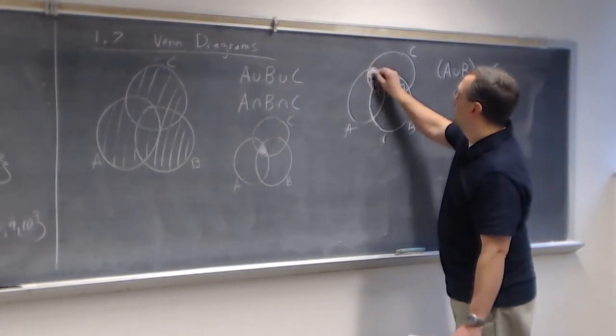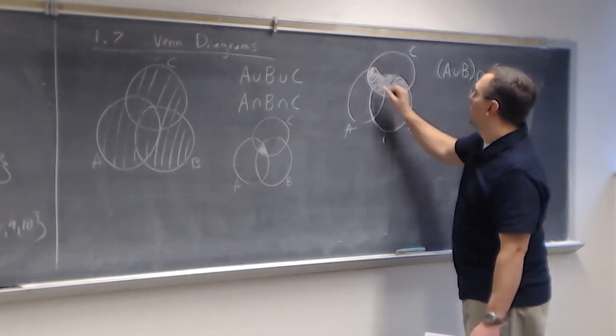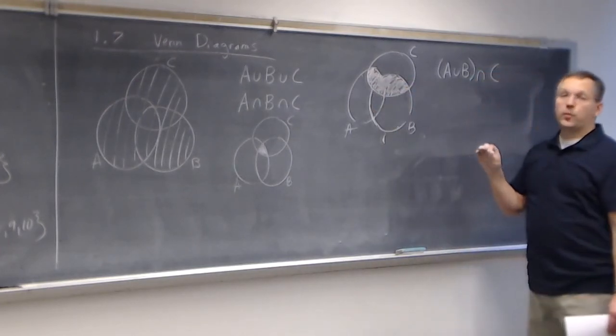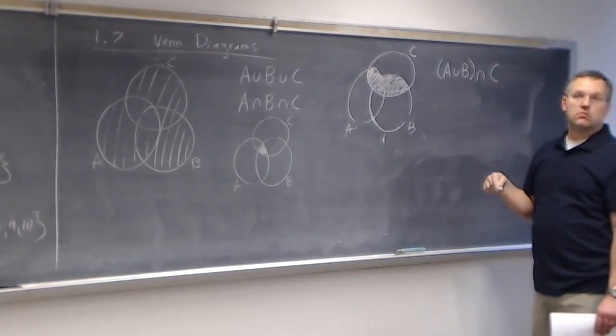So this is A union B, all the elements that are in A or B, and at the same time in C. Okay?